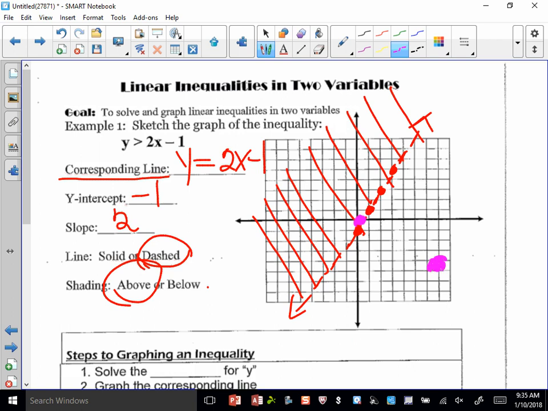What would you say? No, because it's not in the shaded part. Trash. If I ask you for a point that's up here, would any point in here be a solution? Yes. So anything in the shaded region would be a solution to the inequality.